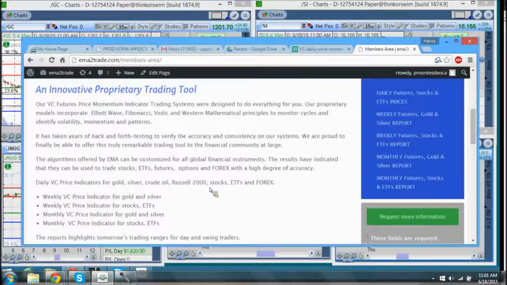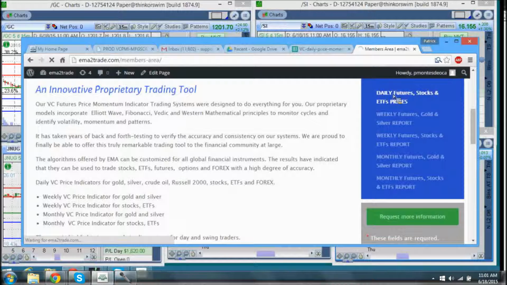We do it for stocks, ETFs, and Forex. And we're expanding into these instruments on a deeper level because we're finding this algorithm to be very much universal in its application. We produce a weekly VC price momentum indicator for gold and silver, a weekly for stocks and ETFs, a monthly for gold and silver, and a monthly for stocks and ETFs.